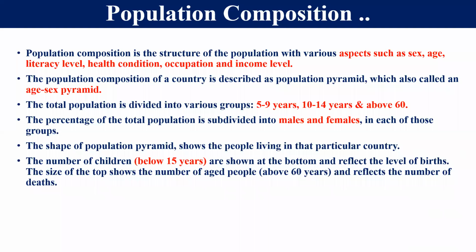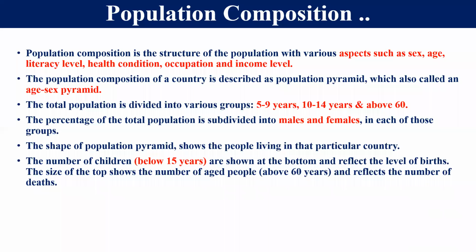The 15 to 59 years group are the working population, and they are economically self-dependent. Those above 60 are aged, retired persons, and they are also dependent on the working population.